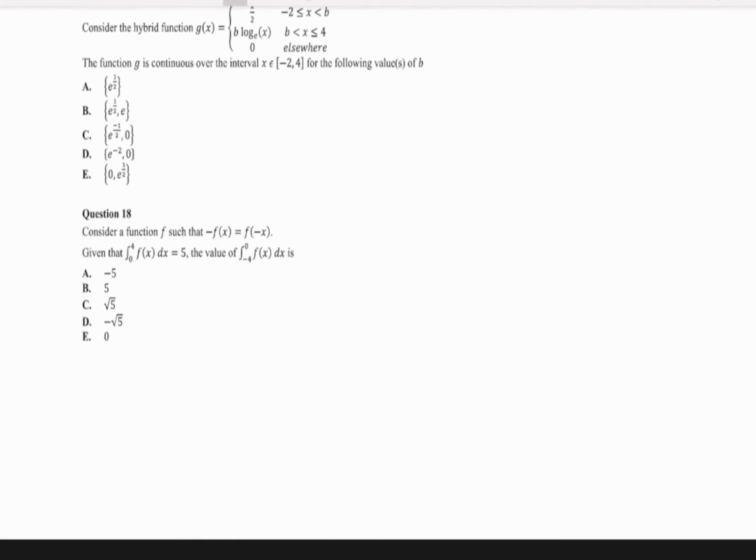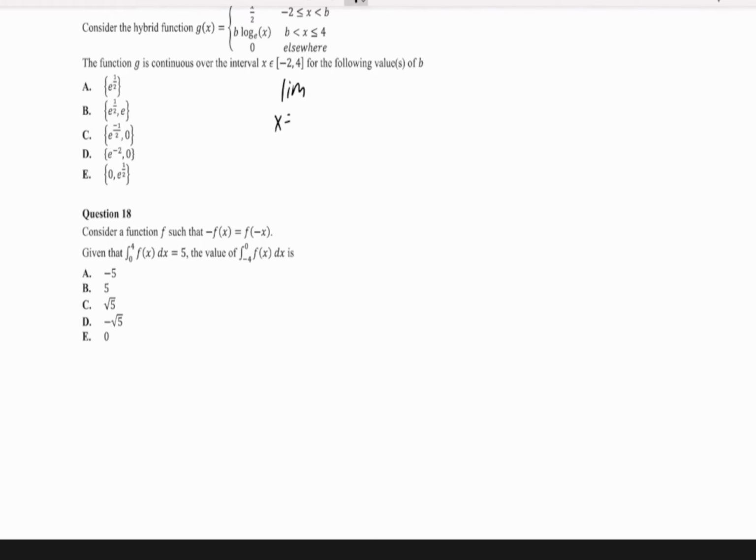Question 17. It's a continuity question. There's 3 conditions for continuity. First one, f of a has to exist at a certain point. Limit x goes to a, f of x has to exist. And the third dot point is what I'm going to use here.